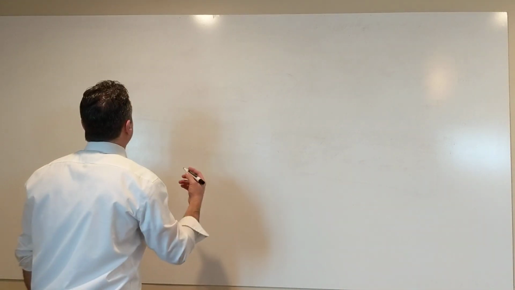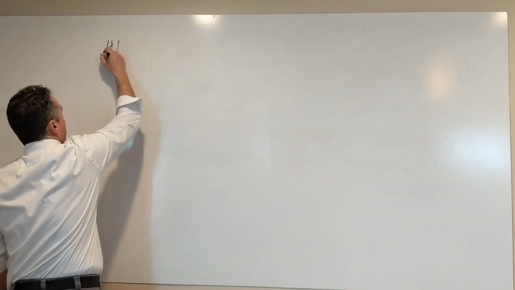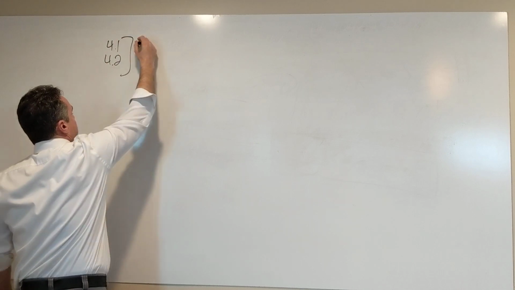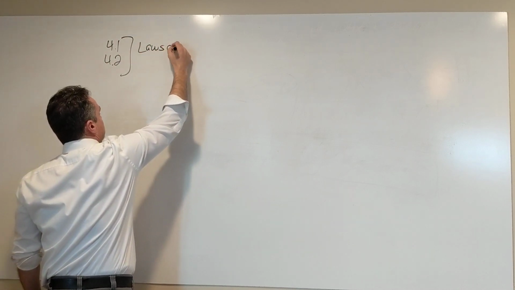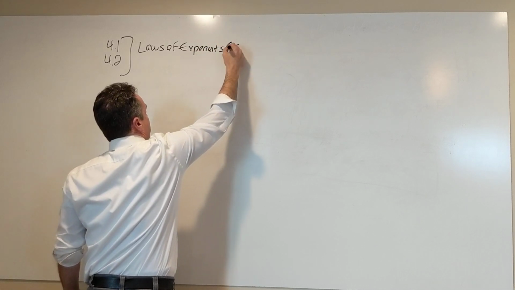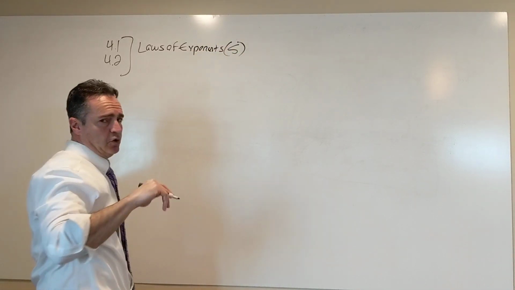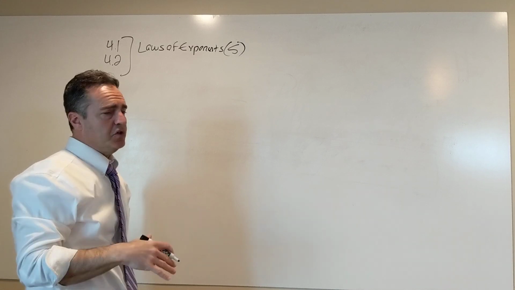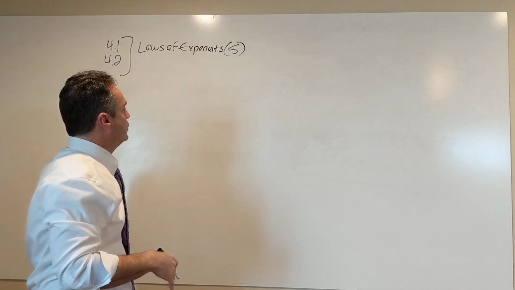And I want to remind everybody that in sections 4.1 and 4.2, we talked about the laws of exponents. There were 5 of them. And we're going to have a little quiz here in just a minute that you can do with us to review those laws.